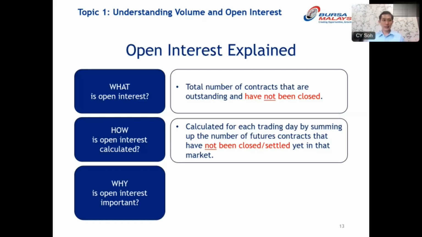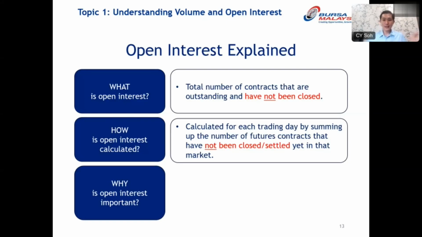It's like, for example, you treat a market like a room or a shopping mall. When people go in, open interest increases. When people come out from the mall, open interest will be reducing. So this is open interest. Whereas volume is like, when you go in and out of the mall, there will be a bell on the gate or the door.